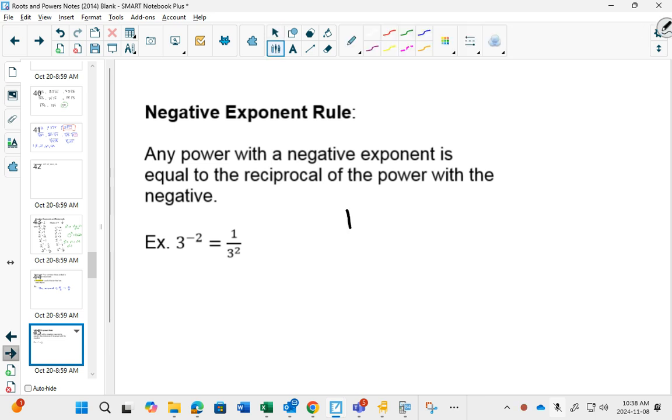If I had something like this, and the negative was on the bottom of my exponent, I could flip that and make my exponent positive. So the negative exponent rule allows you to have a negative exponent, but it doesn't matter where that negative exponent is. It could have started in your numerator, then it would flip to be in the denominator. If your negative exponent starts in your denominator, it would flip to positive and be in your numerator.